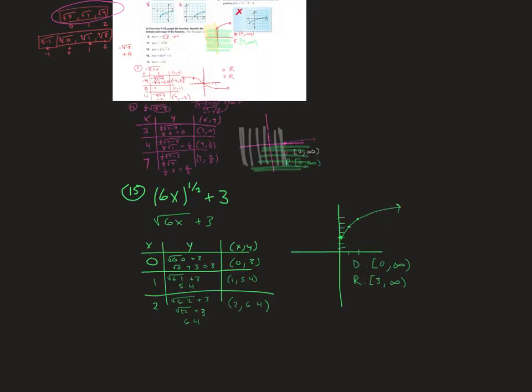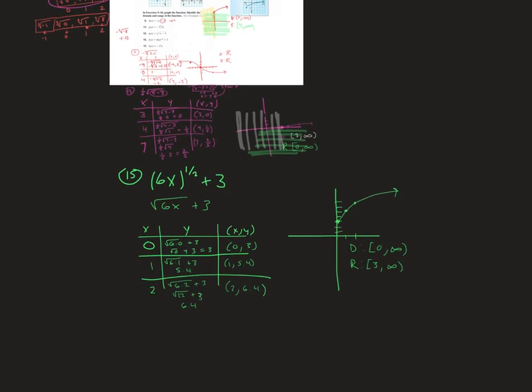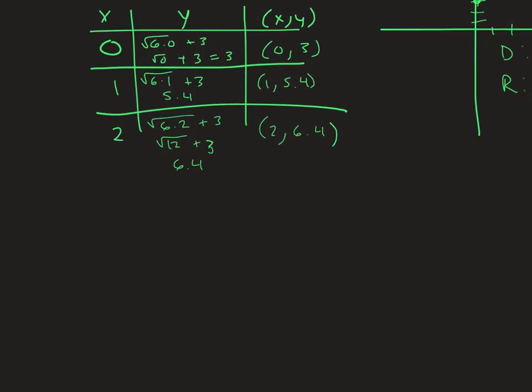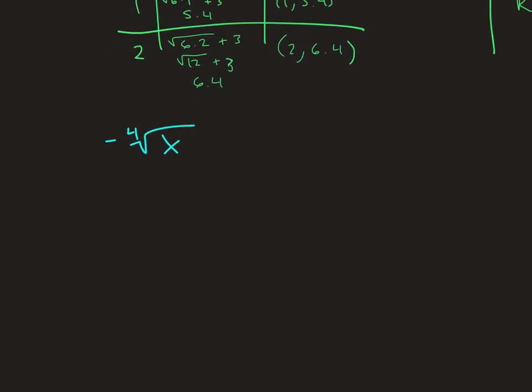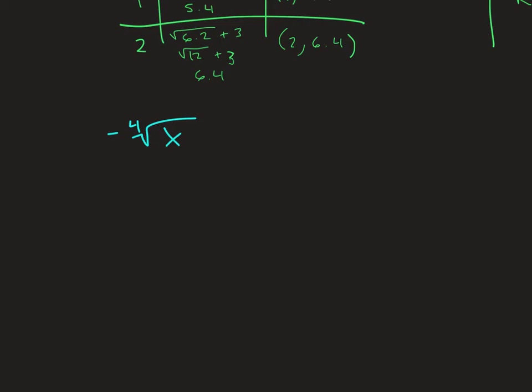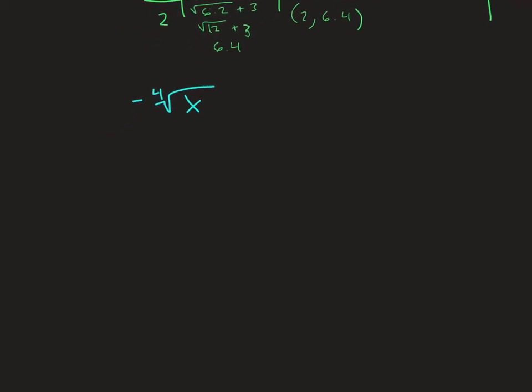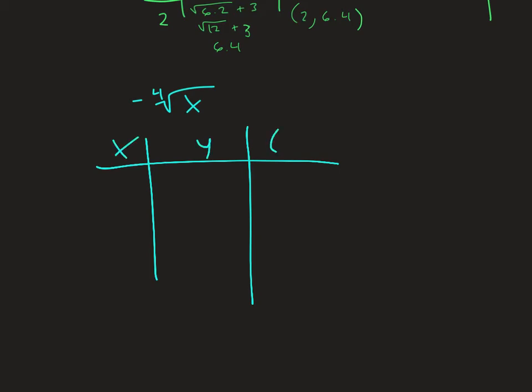So let's do 17. So 17 is the negative fourth root of x. So we're going to plug in numbers for x, get numbers for y, and have our points. So here we have the fourth root.